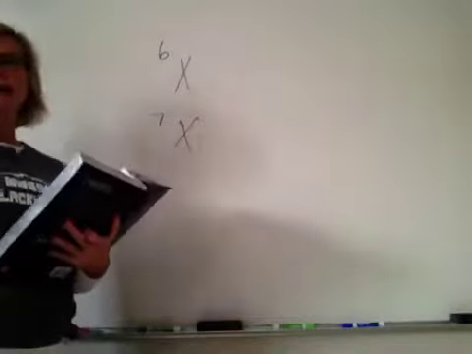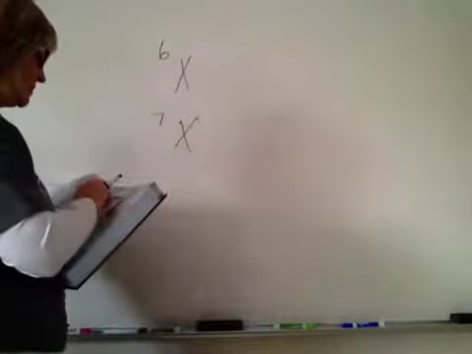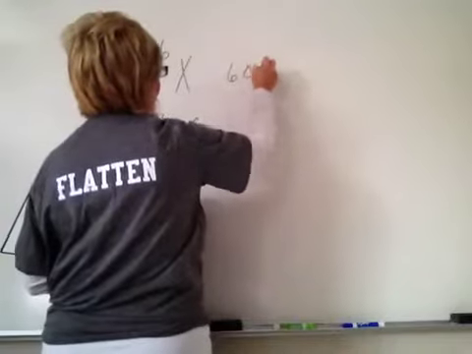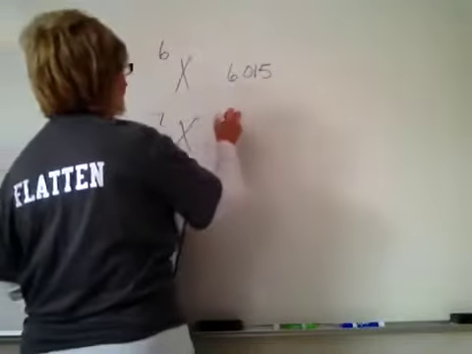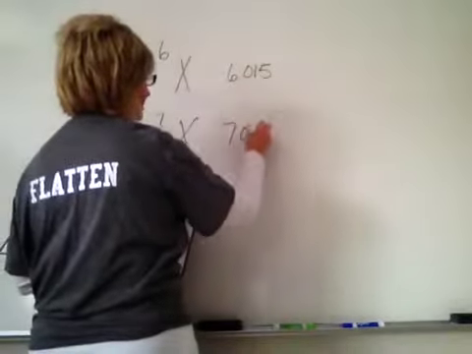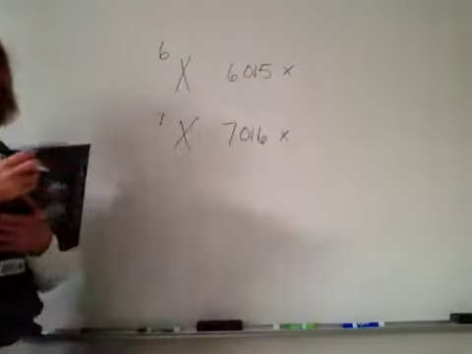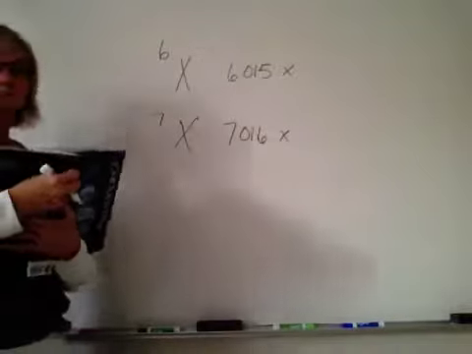You take mass times abundance. So the mass of the first one is 6.015. The mass of my second one is 7.016. And I'm going to take that times the percentage as a decimal.